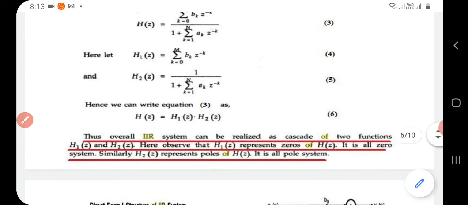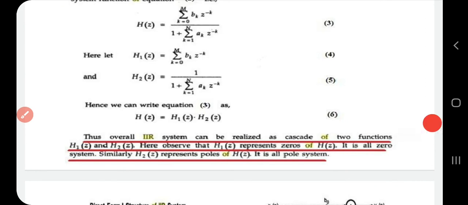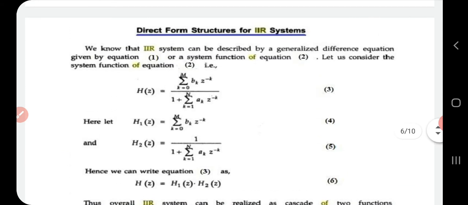As I already said, the overall IIR system is realized by connecting, joining, or cascading these two functions, H1(z) and H2(z). The numerator H1(z) represents the zeros of H(z), so it is an all zero system, whereas H2(z) represents the poles of H(z), so it is an all pole system.